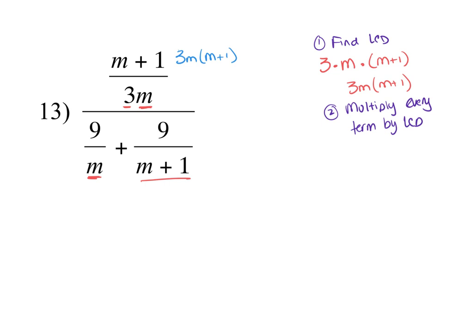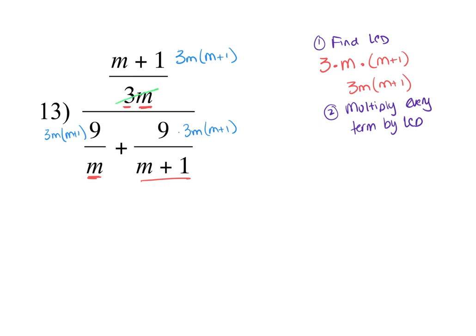I'm going to multiply this by 3m, m plus 1, and I'm going to multiply this by 3m, m plus 1. All right, your goal here is to get rid of every denominator. So I'm going to cancel everything that can, which should be every denominator.